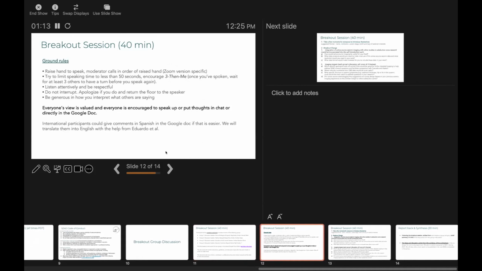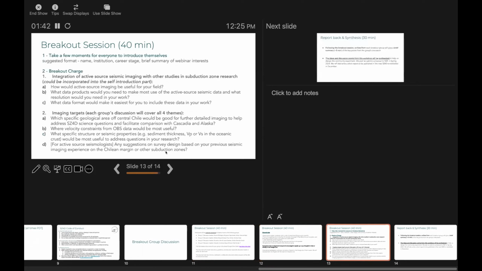I just want to remind everyone of the ground rule to raise your hand to speak, and try to limit your speaking time, especially since we are really tight on our schedule. Everyone's view is valued. And for international participants, if you find it easier to write down your comments or ideas in Spanish in the Google Doc, please feel free to do so.